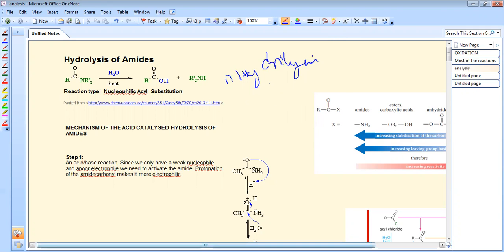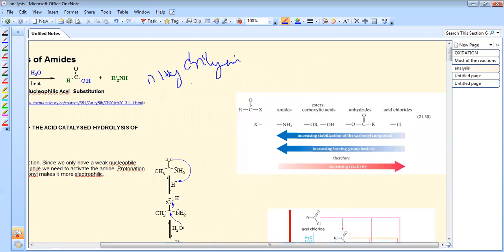So what are acid derivatives? These are the acid derivatives. This is acyl halide, and the next one is amide. What is the general formula of amide?